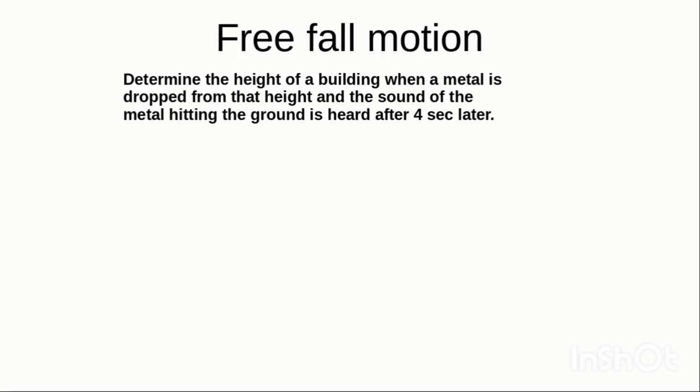To solve the first part, we use this equation: S equals ut1 minus half of gt1 squared, where S is the height of the building, and u is the initial velocity of the coin when it is dropped from that height. Everything here is known, the acceleration due to gravity and the first time.